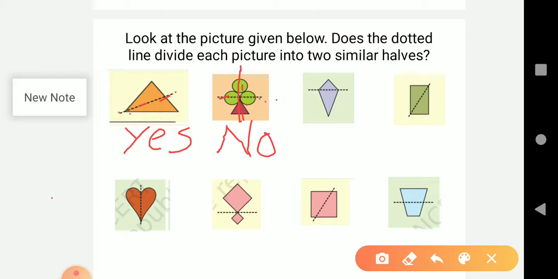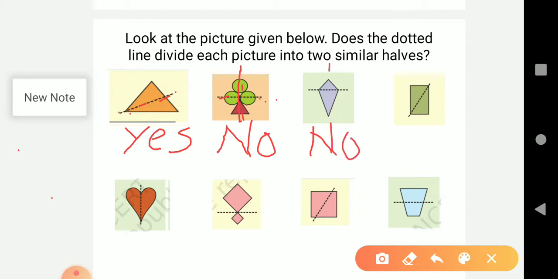Okay, now the third number, is this two similar halves? Tell me. Very good. No, why is it not two similar halves?